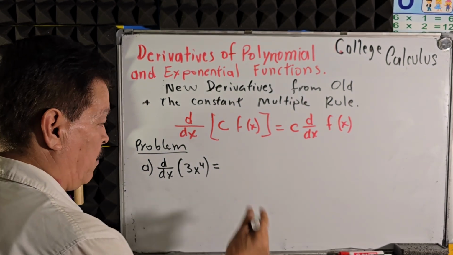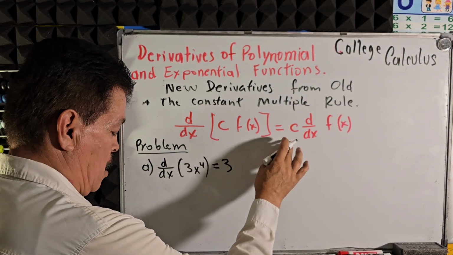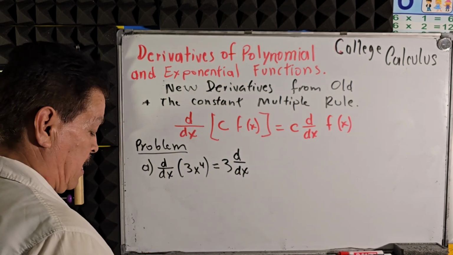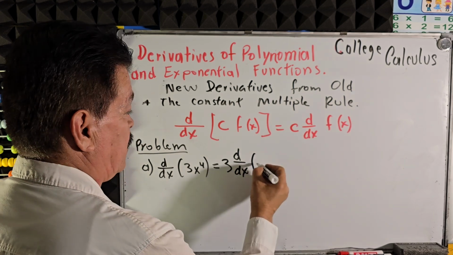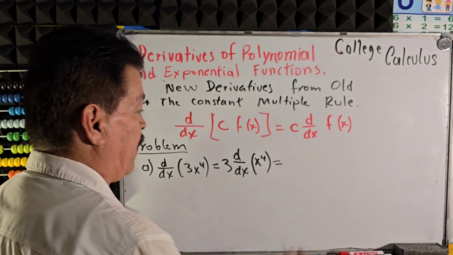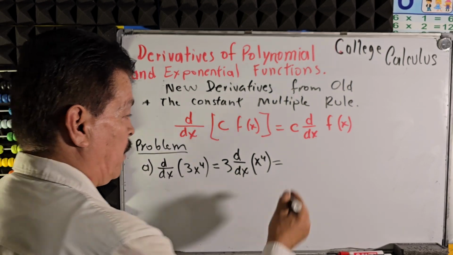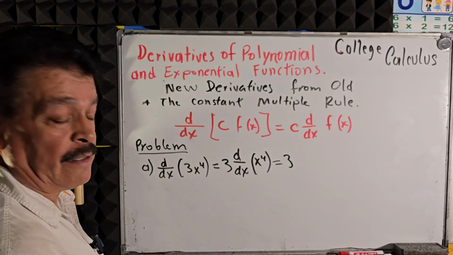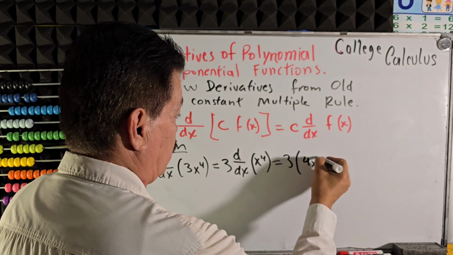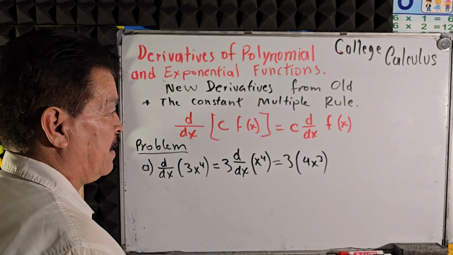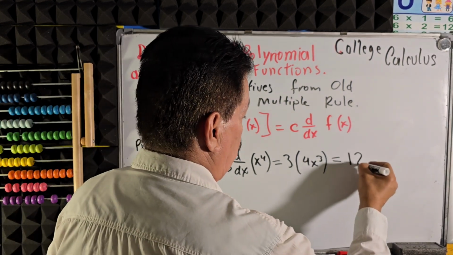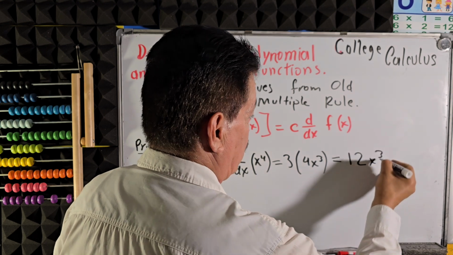So here will be equals 3, applying this rule, 3 d divided by dx times x to the 4th power. If you simplify that, applying that rule, we will have 3, the constant, and then 4x to the 3rd power, and then simplify will be equals 12x cubed.